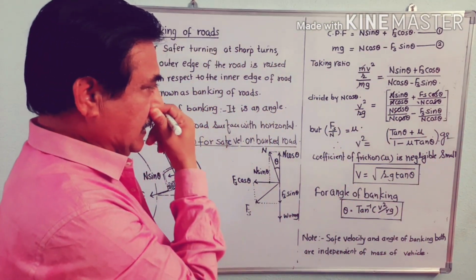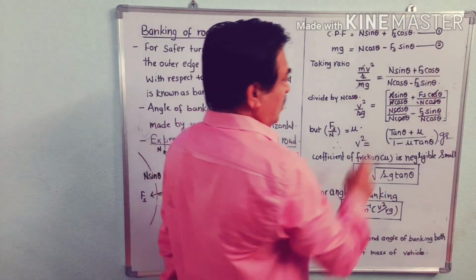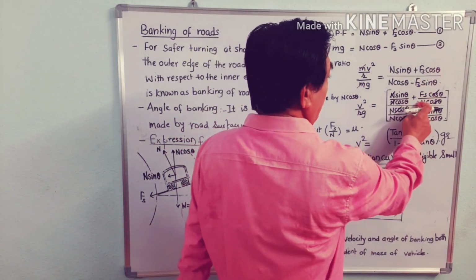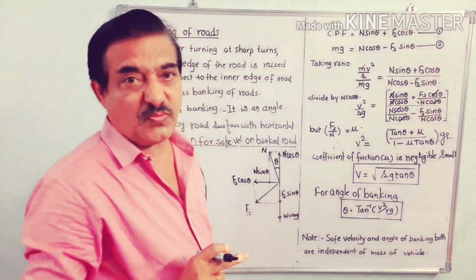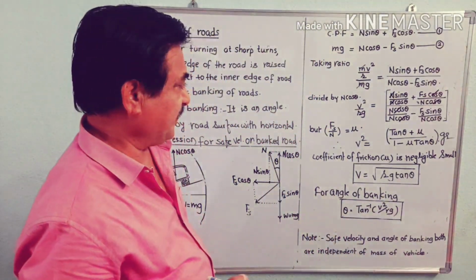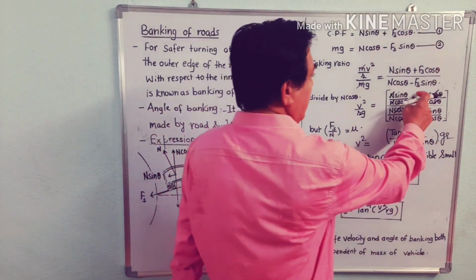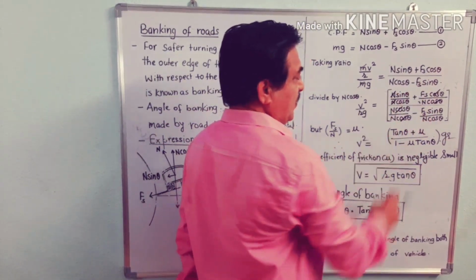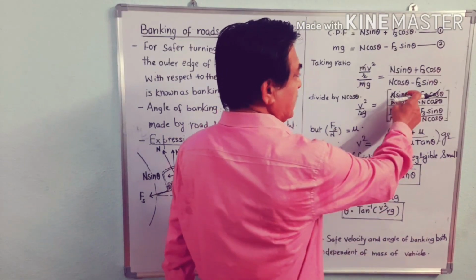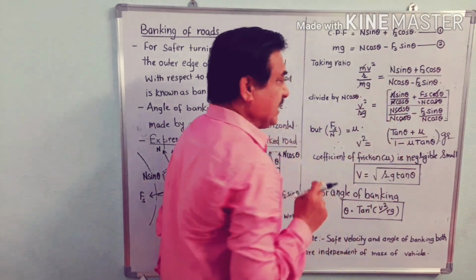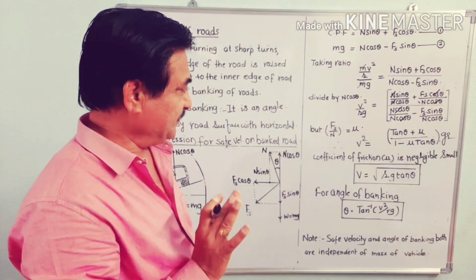Here Fs upon N is equal to mu, that is the coefficient of friction, and sin theta upon cos theta is equal to tan theta.